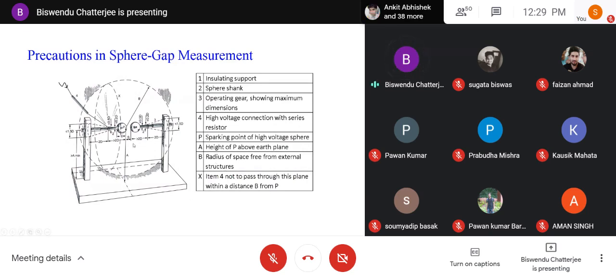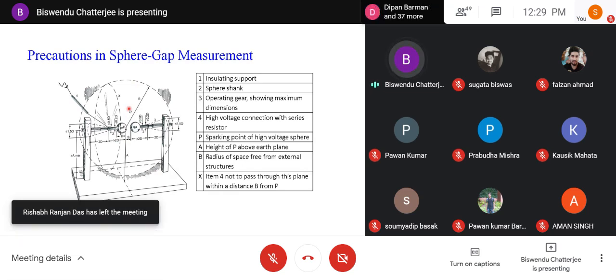Mainly, can you see that there are some diameters specified, gap distances specified, and a sphere is specified here. This sphere is very important. This is the diameter within which any distorting objects or live conductor or anything should not come.